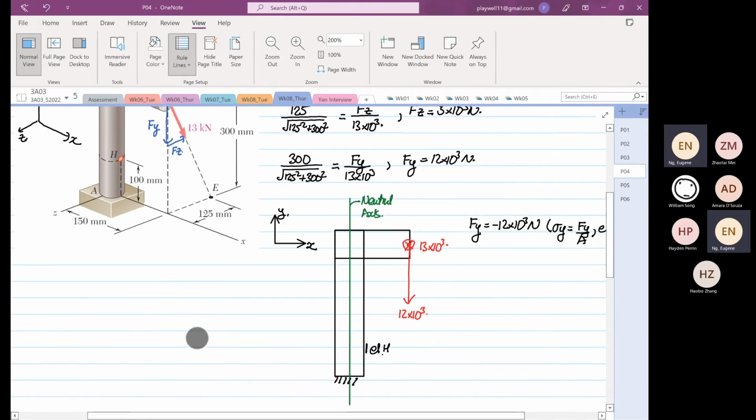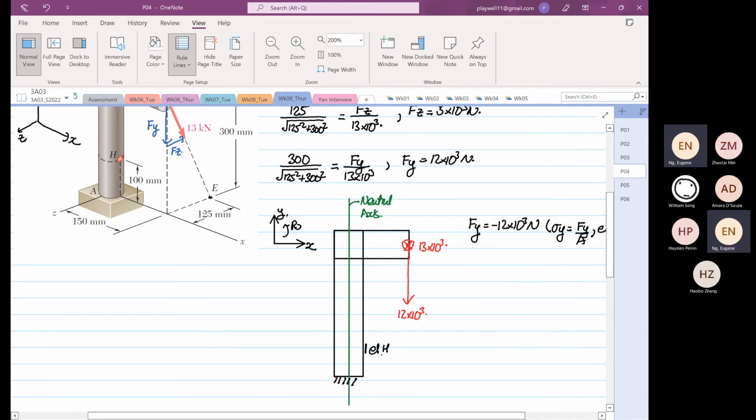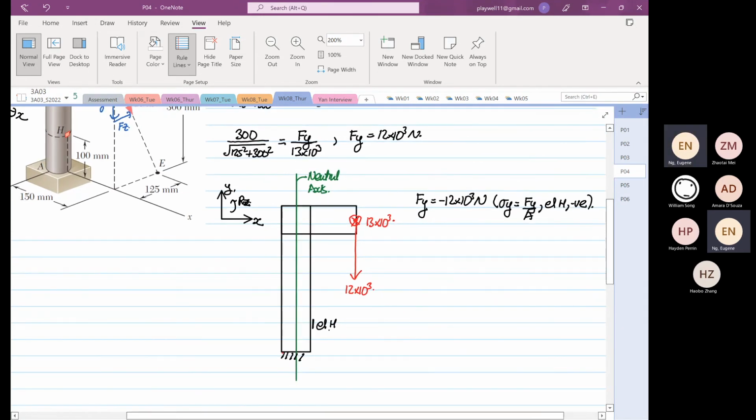Then we're going to draw this, our rotation in Z. We are going to have a moment in the Z direction, and I'm going to call this direction positive.